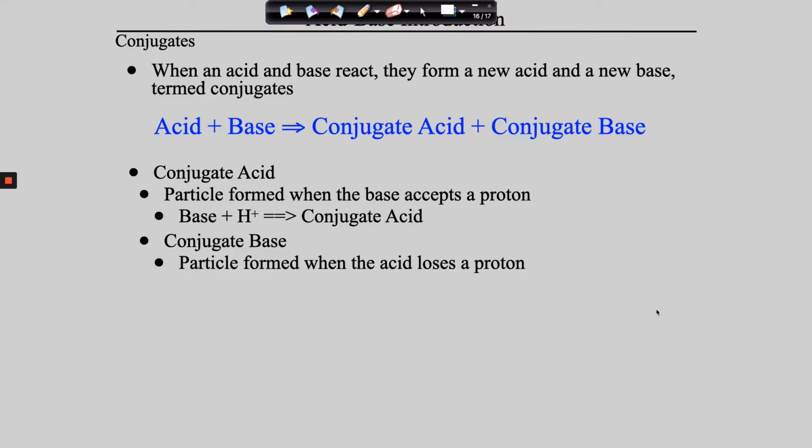You're an acid, you lose your proton, now you're missing a proton, you'd like to have that proton back, and when you grab that proton back, you're now functioning as a base. Does that sort of jive? So what we say is this: an acid minus the proton, the hydrogen ion, gives us the conjugate base.